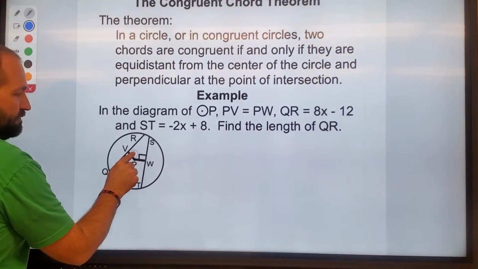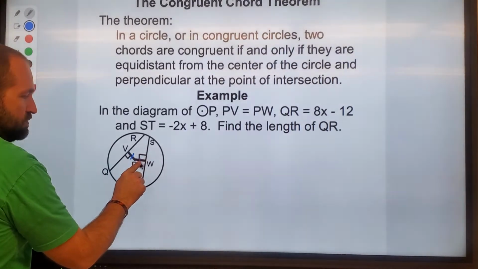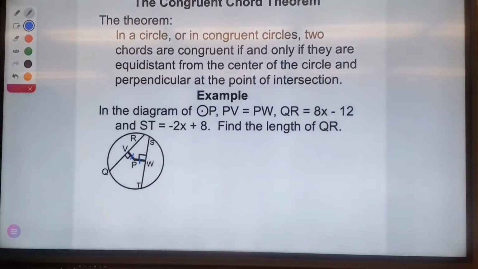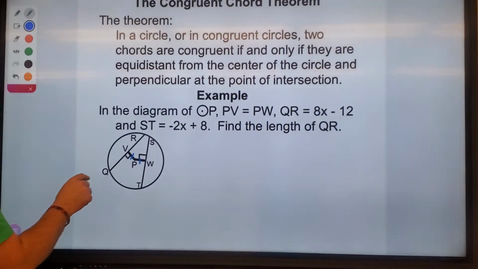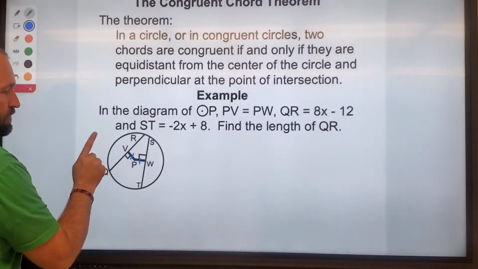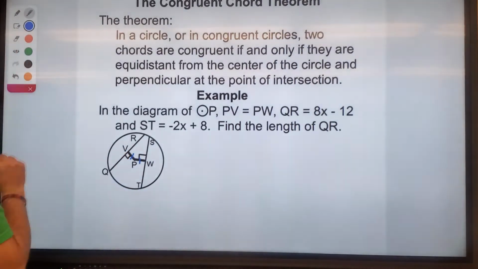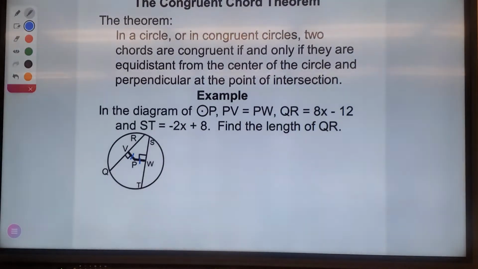I have to have VP congruent to PW in length, as well as a perpendicular intersection at V and at W from the center of the circle. So they have to be equidistant and perpendicular at the point of connection from the center to that chord.